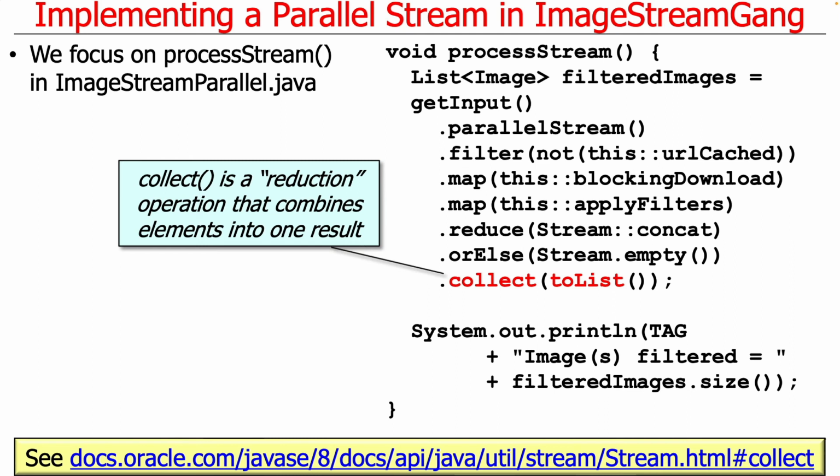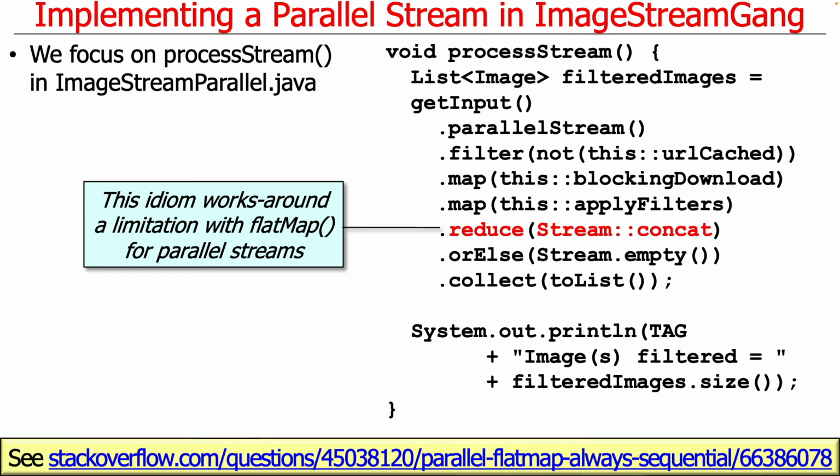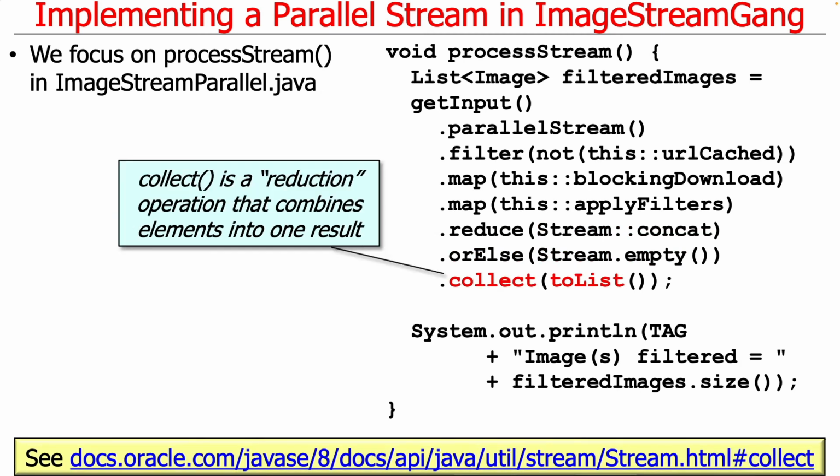Then we take that stream of transformed images and collect them into a list. And this is one of the very rare times you'll actually see multiple terminal operations in the same stream. You'll see we have reduce, which is a terminal operation, followed by this orElse, and then we have collect.